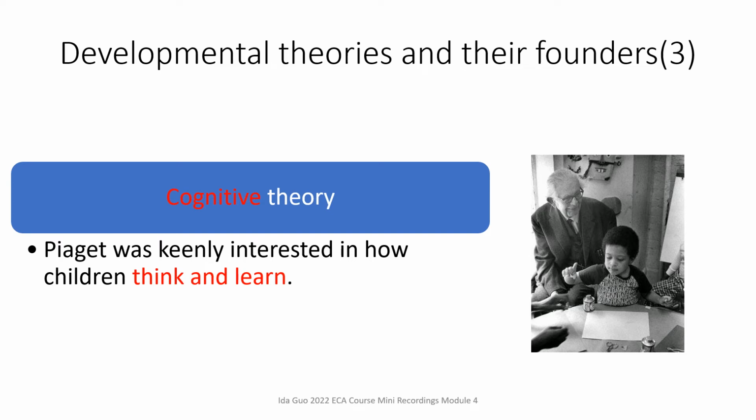Jean Piaget was clearly interested in how children think and learn. So, that's about cognitive. When we say cognition, we are talking about the children's understanding, their thinking, and learning of the world, as well as the language development.